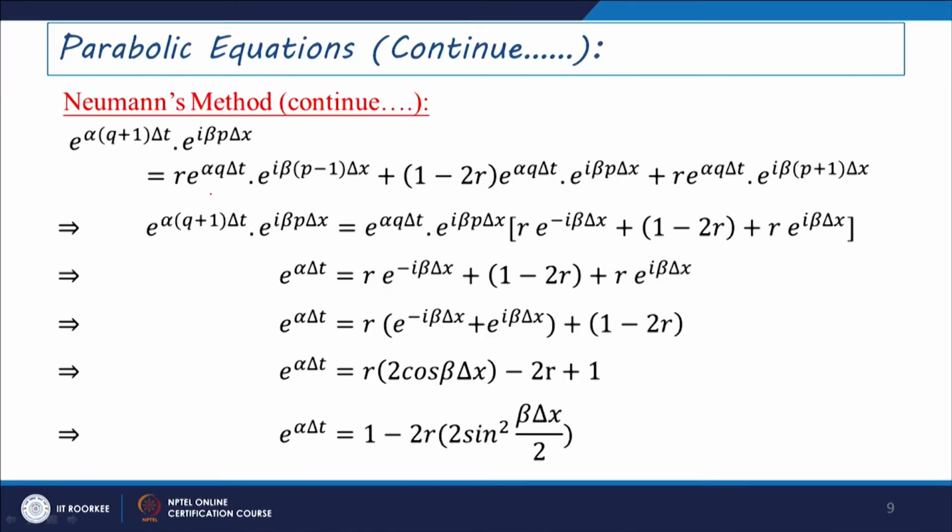So, if you compare these coefficients, especially if you just see here, that is e to the power alpha q del t, since we are taking the common r e to the power minus i beta delta x. So, that is why if you take common minus i beta delta x from here, then we can write this one as e to the power i beta p delta x from this term here.